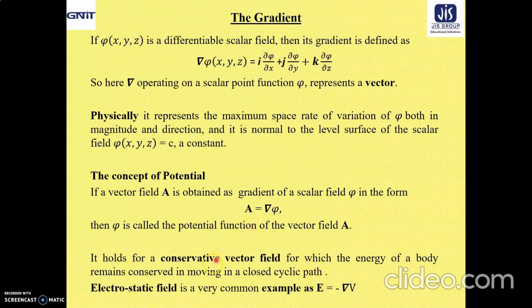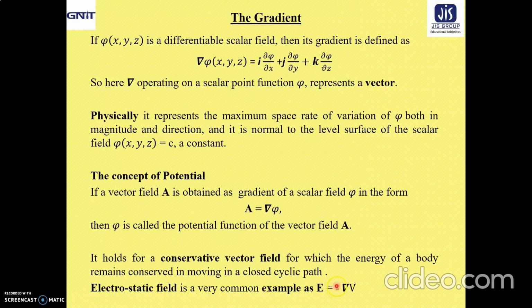The most common example of this type of conservative vector field, using the concept of potential in electrostatics, is the electrostatic field itself, where we will find in due course that E can be expressed as the negative gradient of potential. This negative sign comes because electric field and potential have opposite directions.